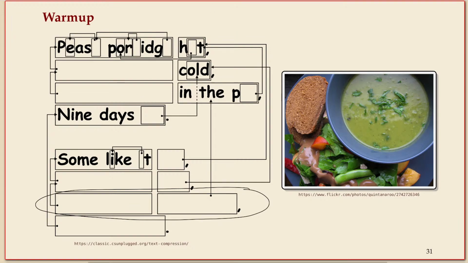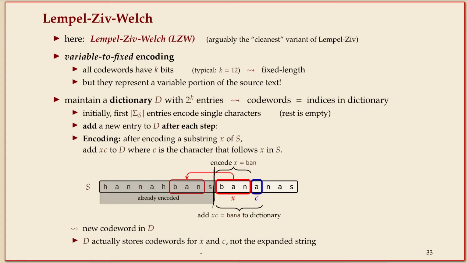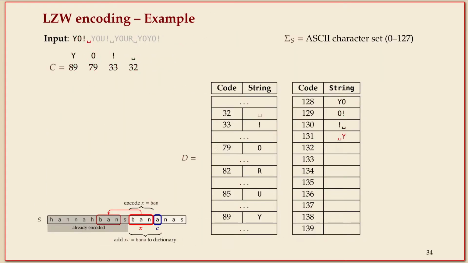Then we had a long example of how this works in practice, on some example. And you saw how the dictionary on the right here fills up with things over time, because whenever you encode one phrase, you add one new phrase to the dictionary.